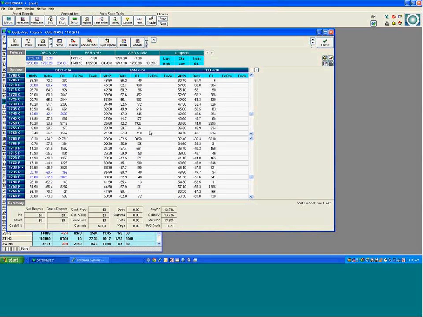What we're going to do is look not at December options that expire in 16 days, but start by looking at the January options that expire in 45 calendar days. And the January options in gold are tied to the February futures contract.